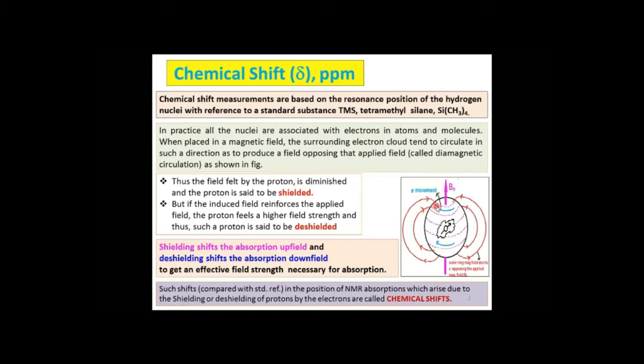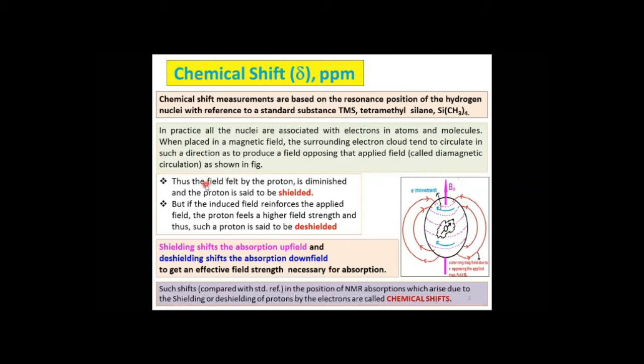Here the diamagnetic effect causes shielding, and the paramagnetic effect causes de-shielding. Here the protons experiencing more magnetic field are said to be de-shielded, and here the protons experiencing a lesser magnetic field are said to be shielded.